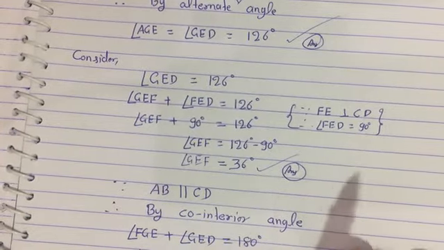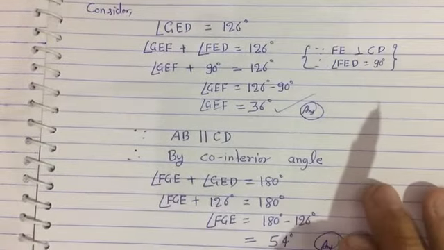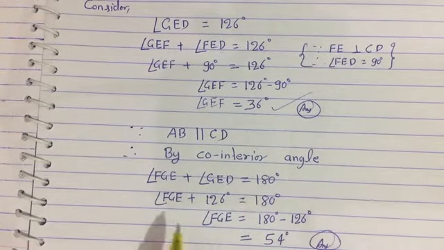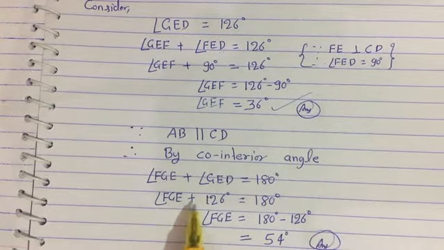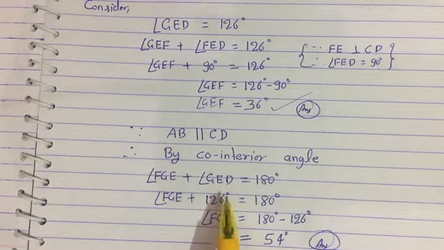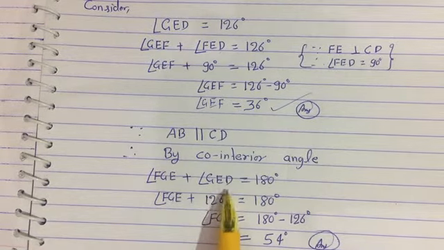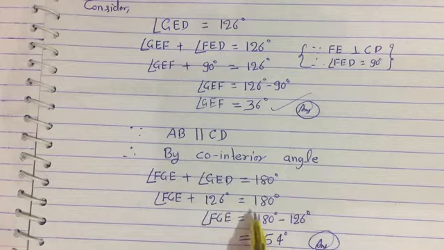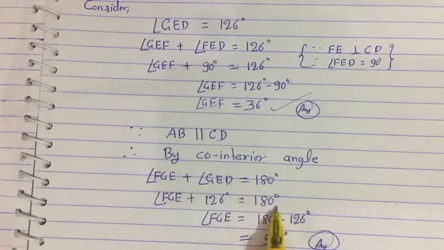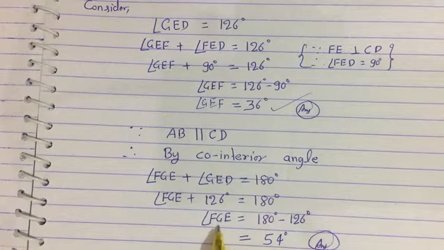Okay, now put the values. Angle FGE plus, in the place of angle GED, you can write 126 degrees, is equal to 180 degrees. Now transfer this 126 degrees to this side. Angle FGE is equal to 180 degrees minus 126 degrees.